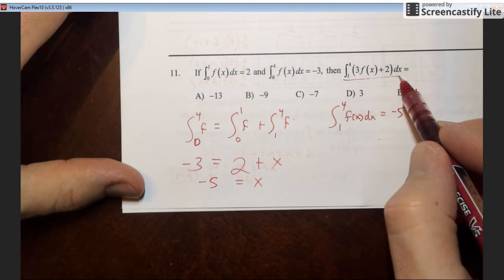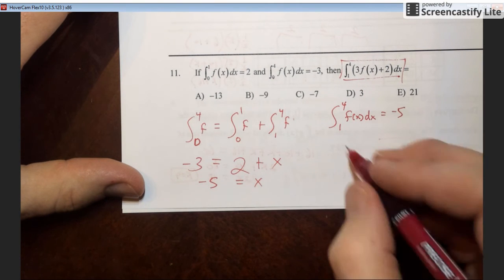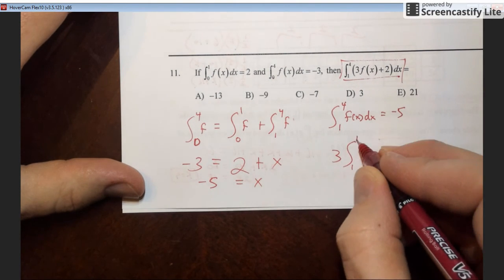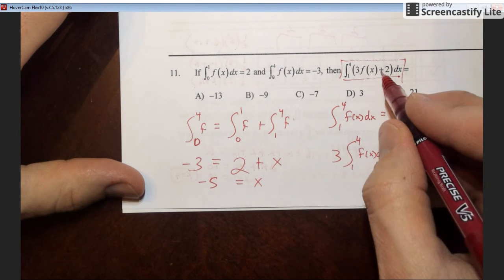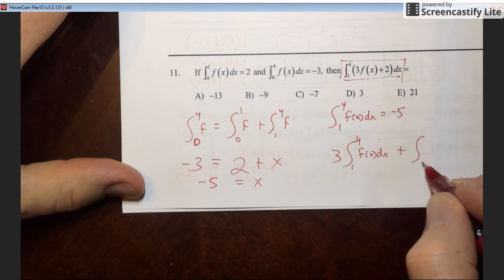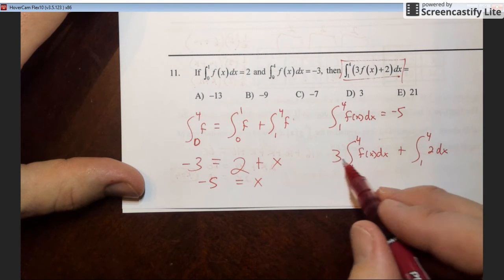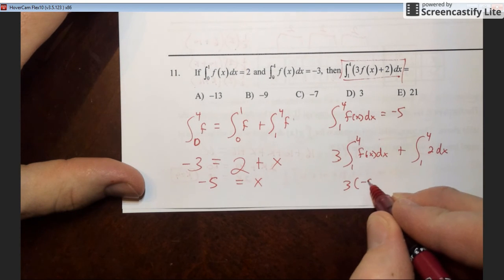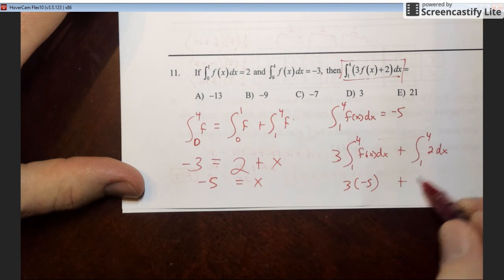Now we're asked to find that integral right there. So let's break this integral up. We have the 3 as a coefficient, so that can move out front. And we're adding, so we're allowed to break that up into 2 integrals. So 3 times the integral of f of x, 3 times negative 5. There's our negative 15. And remember, this is not going to be plus 2.